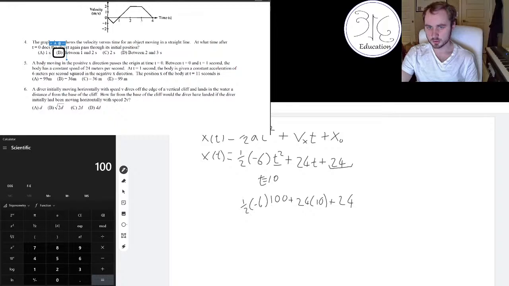So we'll take 100 times -6, divided by 2, plus 24 times 10, which is 240, and then plus that last little 24. And so that's going to give us that -36. That is equal to -36, which should be our final position.